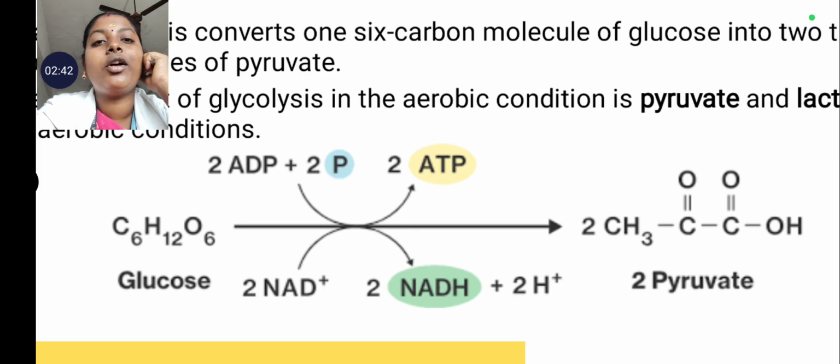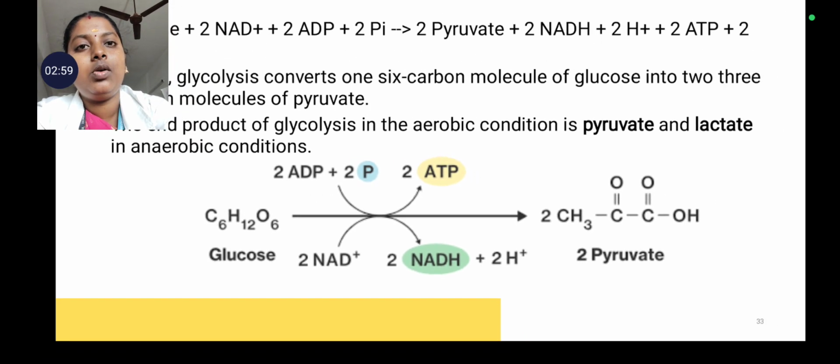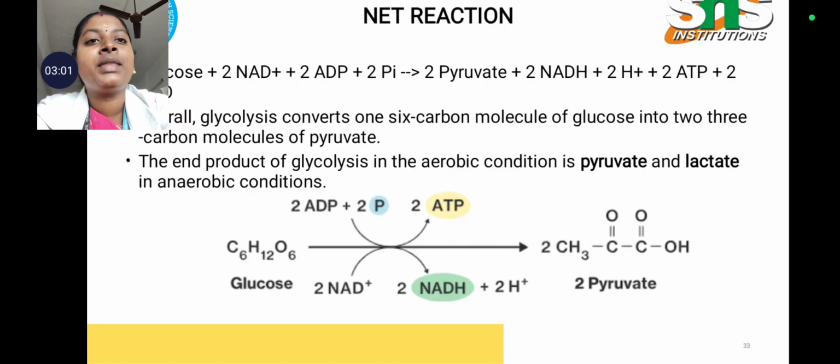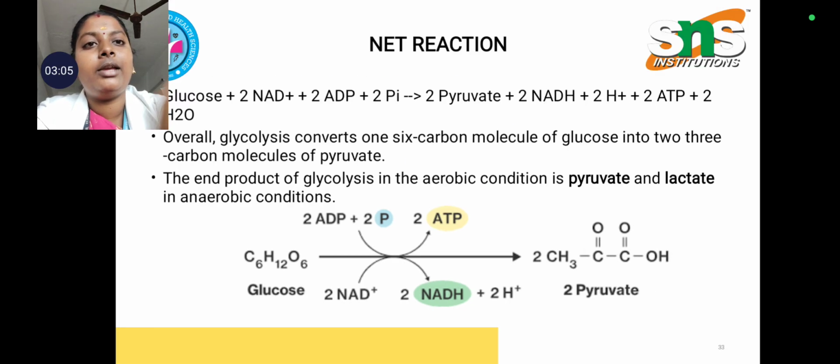So this is the pyruvate formula. Here 2 ADP is converted into 2 ATP, and 2 NAD plus is converted into 2 NADH. So this is the overall net reaction of glycolysis. So you should write this net reaction properly.